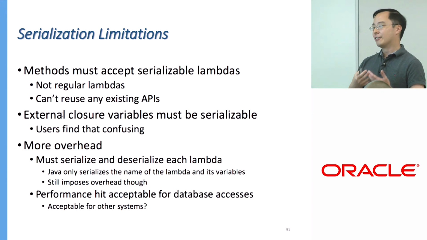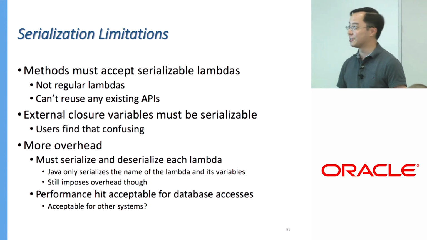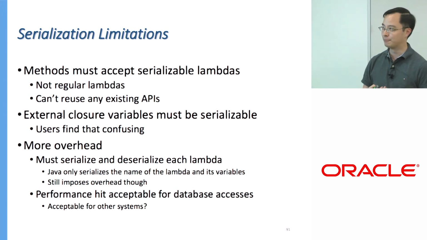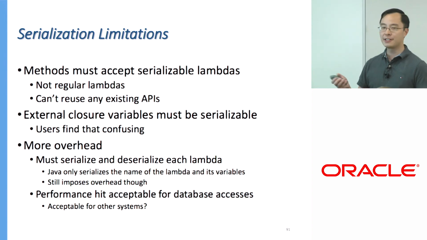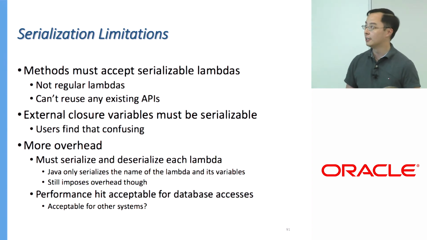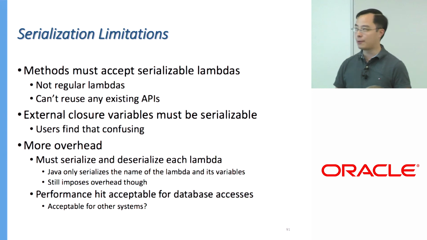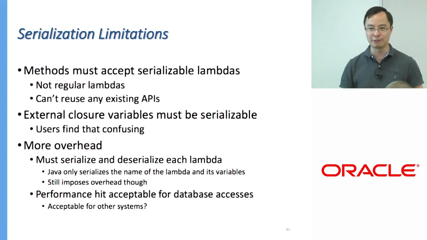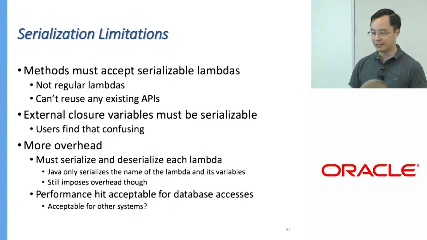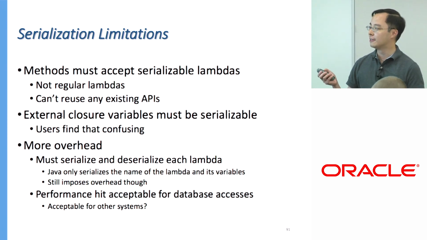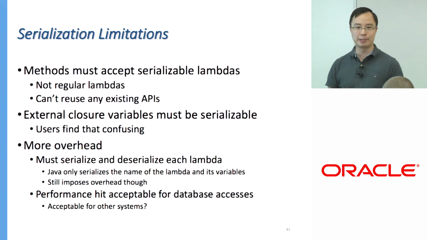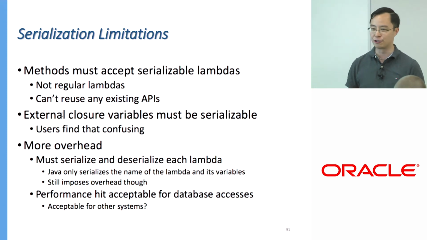Of course, because of the serialization stuff, it has some annoying limitations. First of all, your methods have to accept serializable lambdas. And most of the existing APIs just accept regular lambdas. This is a problem because, like I mentioned before, the Jinq API is very similar to the existing list APIs or the streams API.